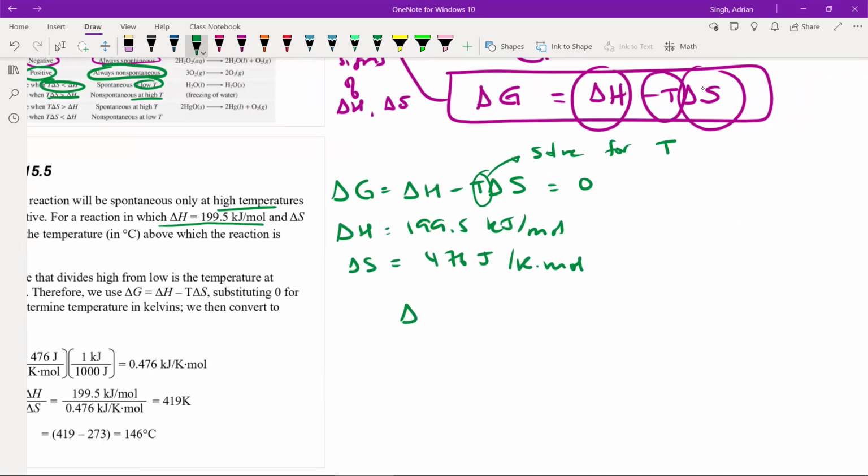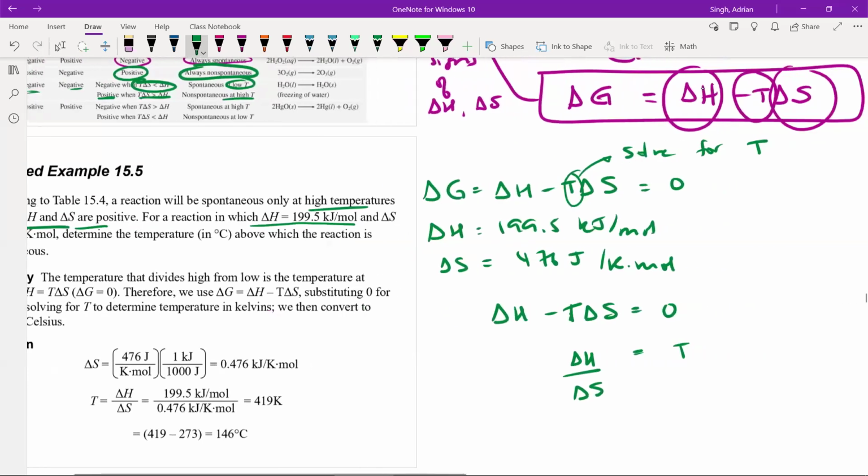So we have our delta H minus T delta S is equal to 0. So we have now, temperature would be equal to, what do we have here? Temperature would be equal to delta H over delta S, right?